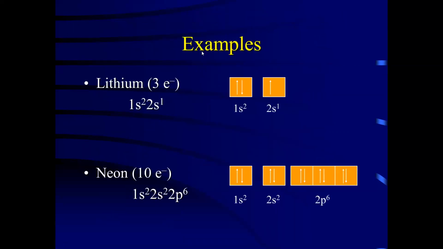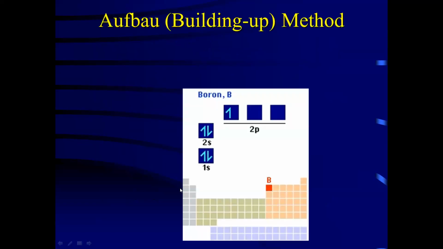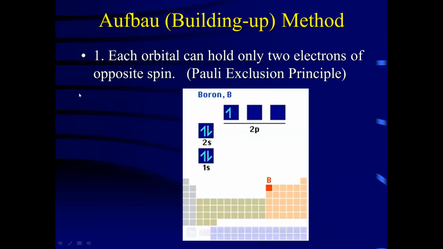For example, like here, this is a kind of building up of the electrons. But here we want to know what the principle is, and why. First, each orbital can hold only 2 electrons of opposite spin, like the Pauli exclusion principle said.